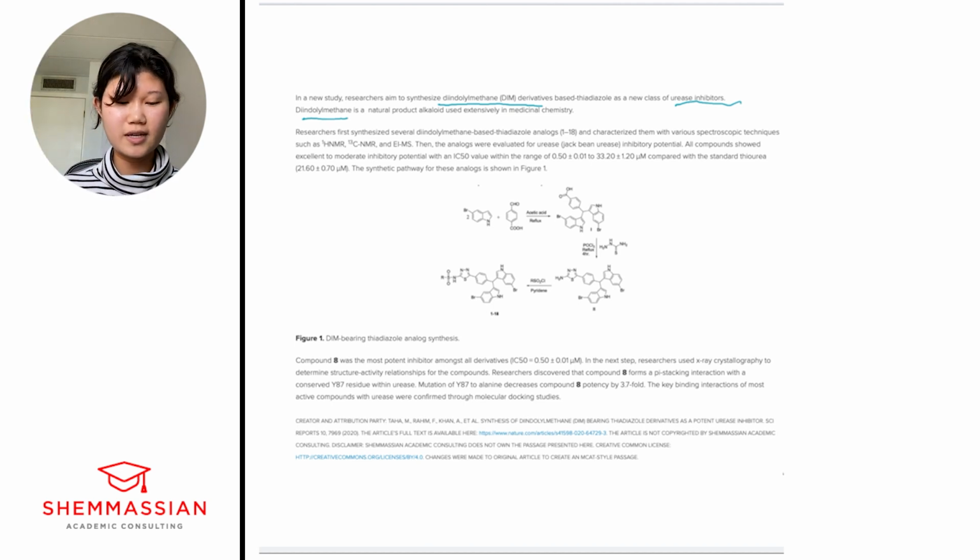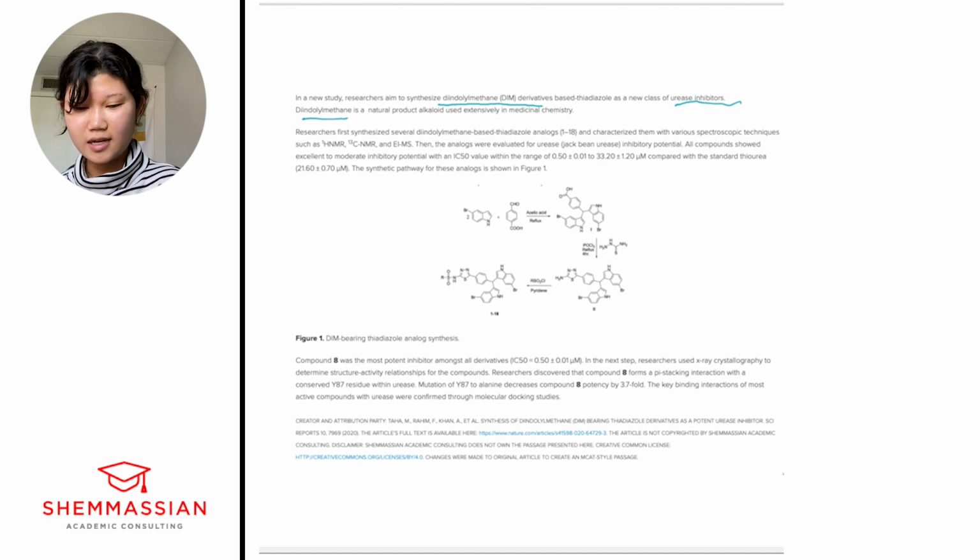Moving on to the second paragraph: researchers first synthesized several diindoyl methane-based thiodiazole analogs 1 through 18 and characterized them with various spectroscopic techniques such as 1H-NMR, 13C-NMR, and EIMS. Then the analogs were evaluated for urease inhibitory potential.